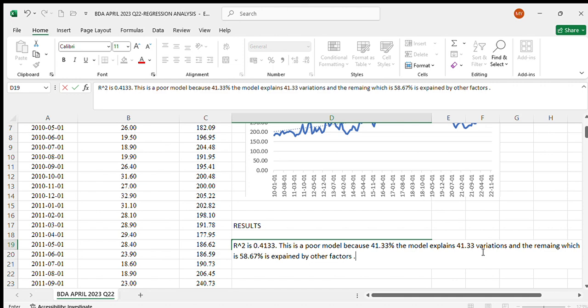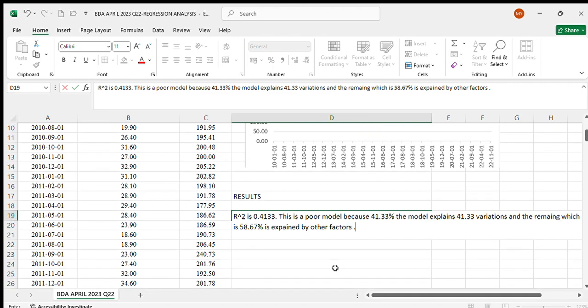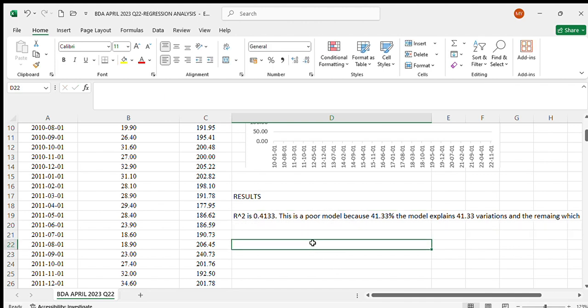So we can't use this model to make a decision or future prediction, because a very good model ranges about 75%, and a satisfactory model is 60%, and also a good model should be above 50%.